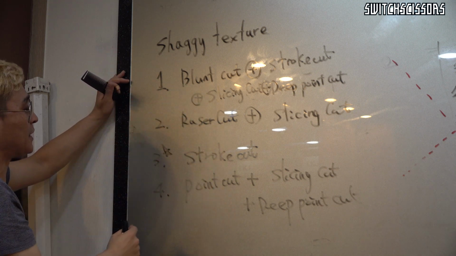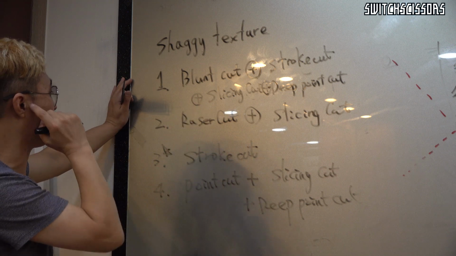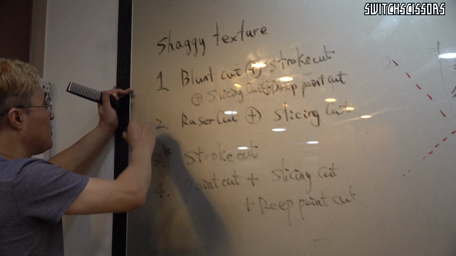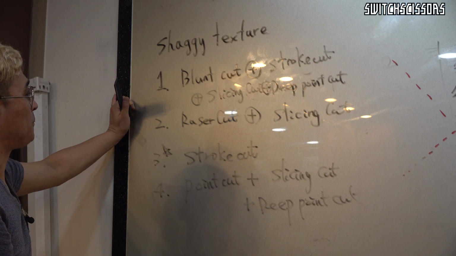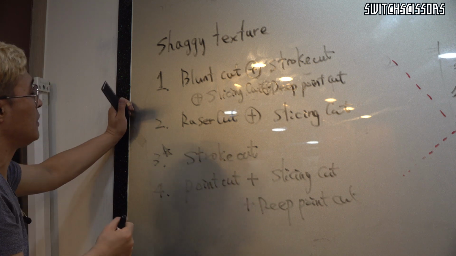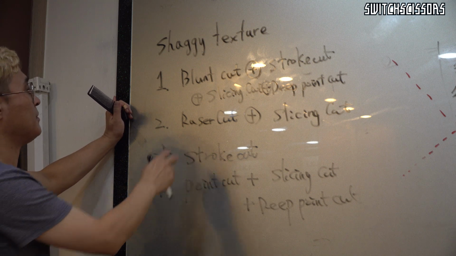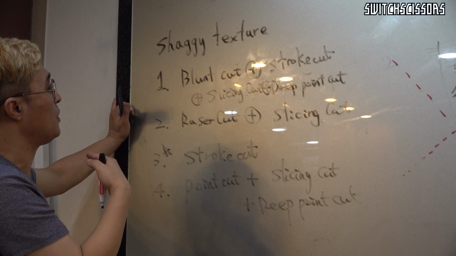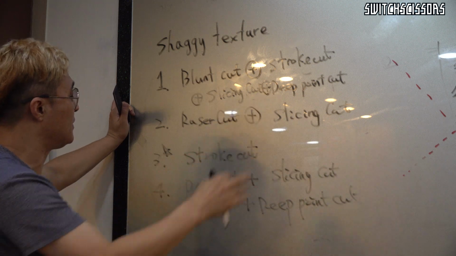Except for these techniques, we can make a Shaggy texture by another haircut technique. This is the general haircut technique to make a Shaggy texture. Also, I would like to say we can make a Shaggy texture by combining several mixed haircut techniques for the best Shaggy texture result.